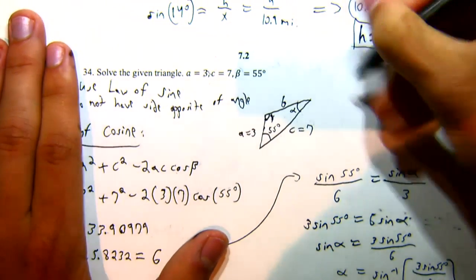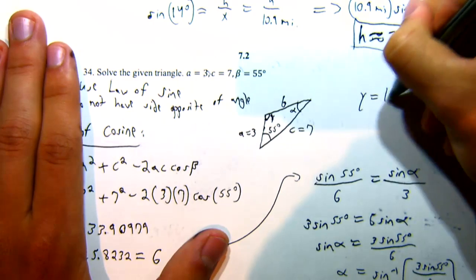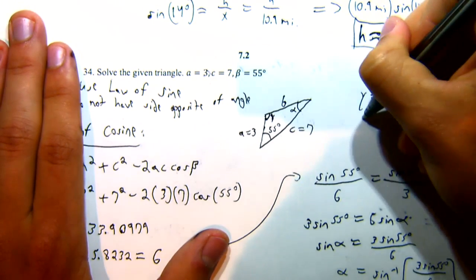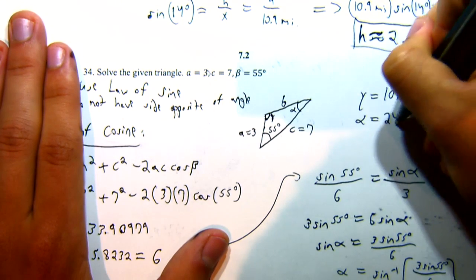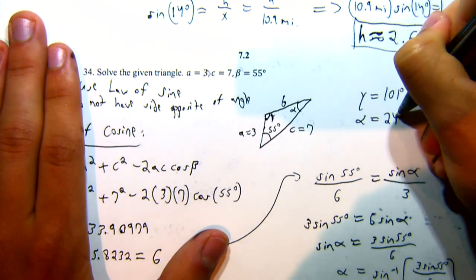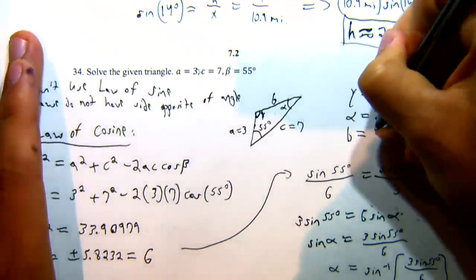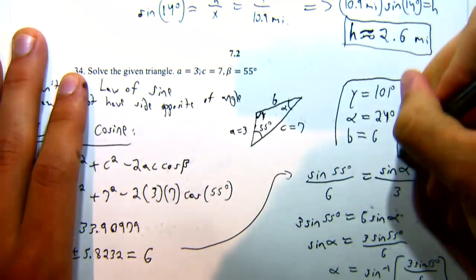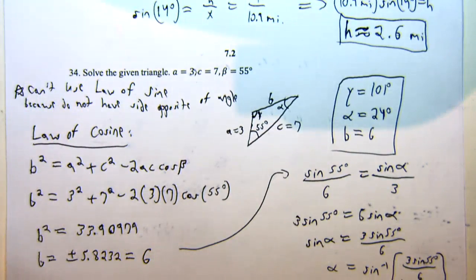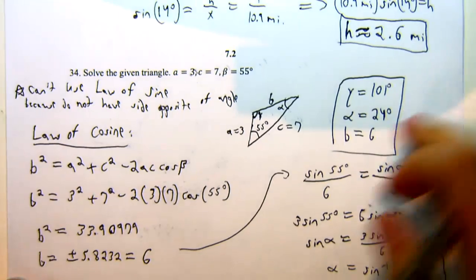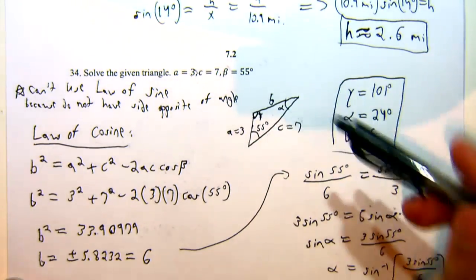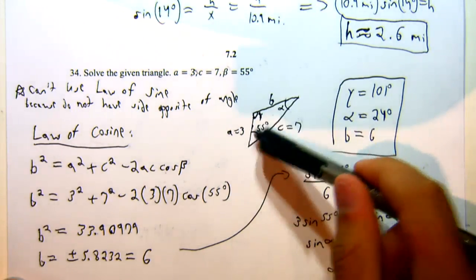All right, so gamma equals 101 degrees, alpha equals 24 degrees, and b is equal to 6. And those are our 3 answers. We have everything solved for the triangle. We have a, c, b, and we have alpha, beta, gamma.